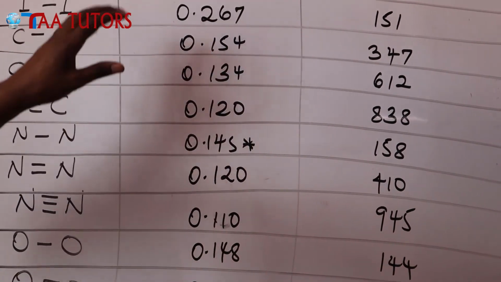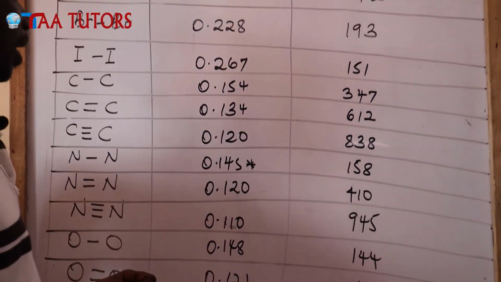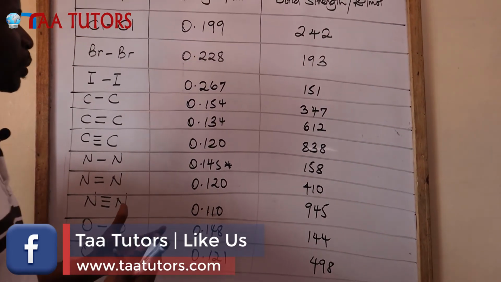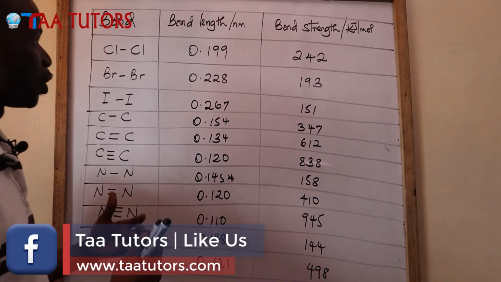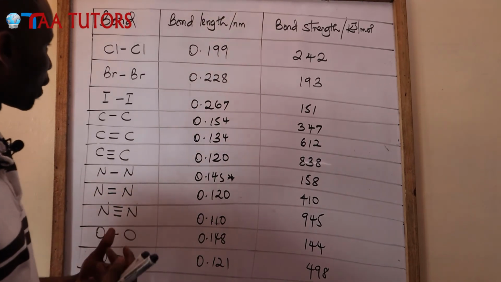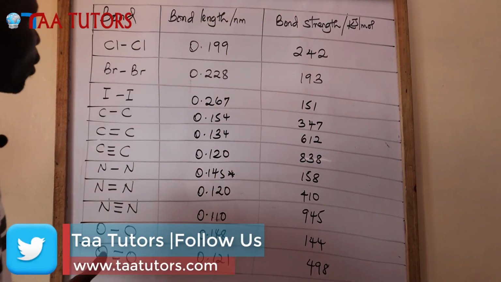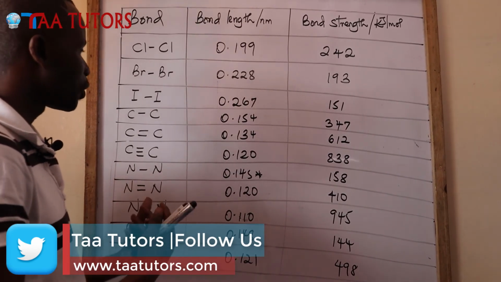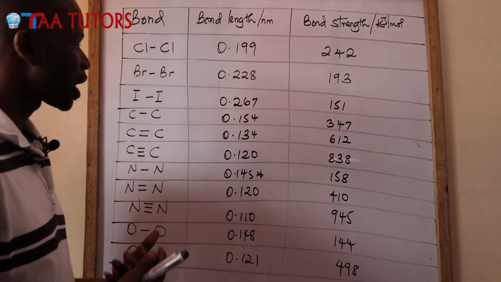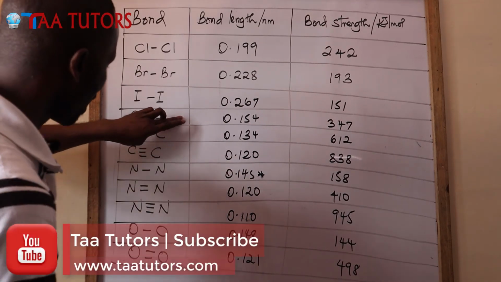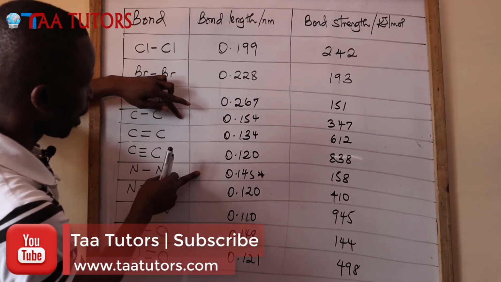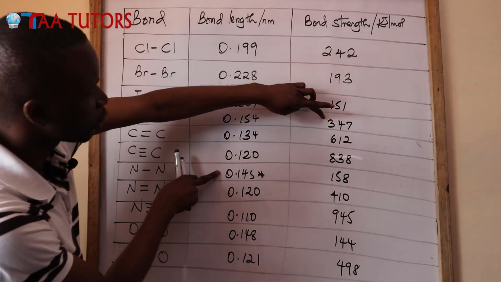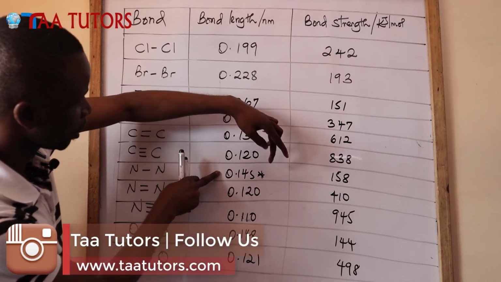So viewers, these are bond strengths, and you don't need to memorize them, because when the examiner wants you to use them, they will give you a table or give you these values so that you can compare. I've emphasized that please only compare bonds that are similar. And I've said even with similar bonds, discrepancies can arise, for example, with the carbon here and nitrogen, the way we have seen here, that while nitrogen is the shortest, carbon seems to be stronger than nitrogen's single bond.